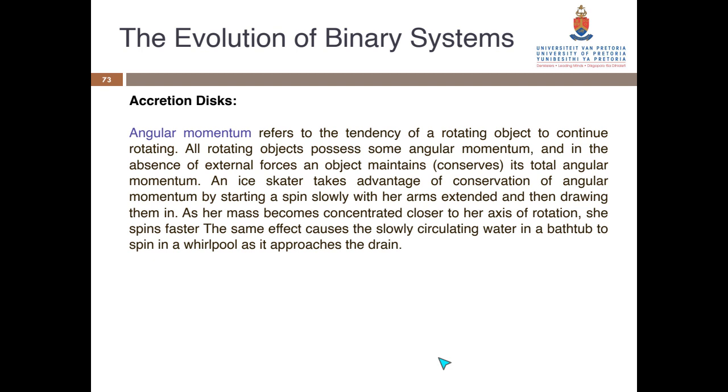An ice skater takes advantage of conservation of angular momentum by starting a spin slowly with her arms extended and then drawing them in. As a mass becomes concentrated close to the axis of rotation, she spins faster and faster, and the same effect causes the slowly circulating water in a bathtub to spin a whirlpool as it approaches the drain.